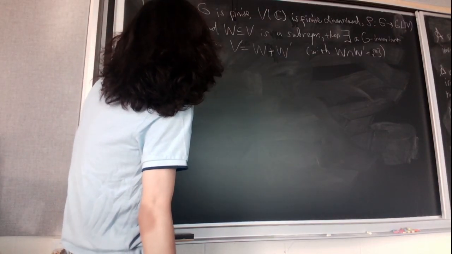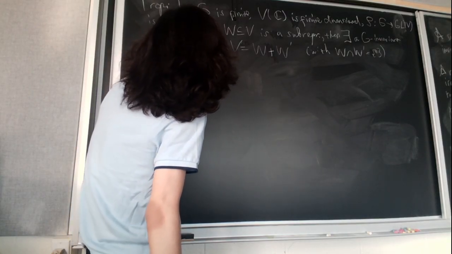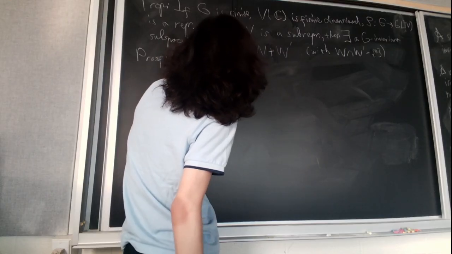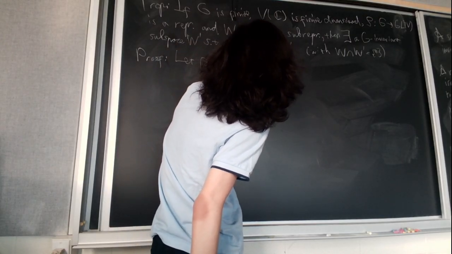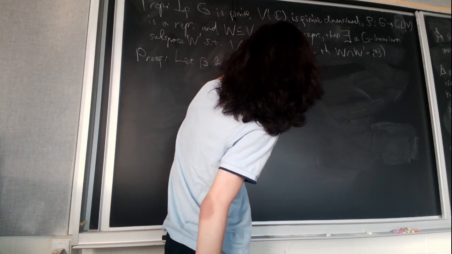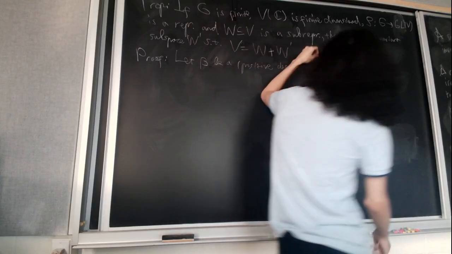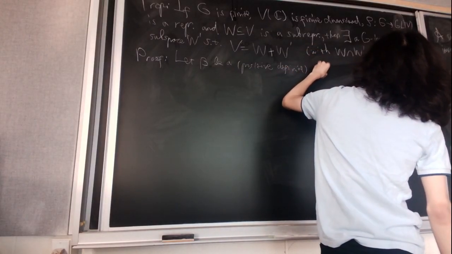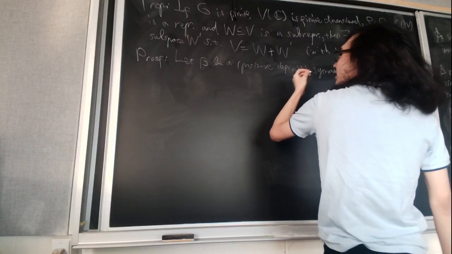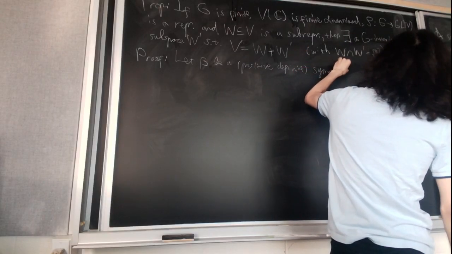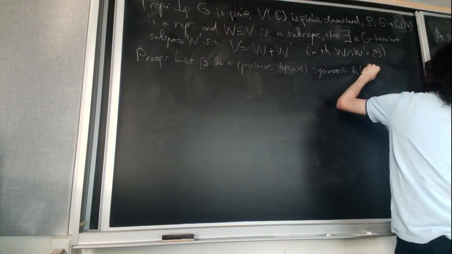So first of all, let beta be a positive definite symmetric bilinear form. They call it a Hermitian inner product.